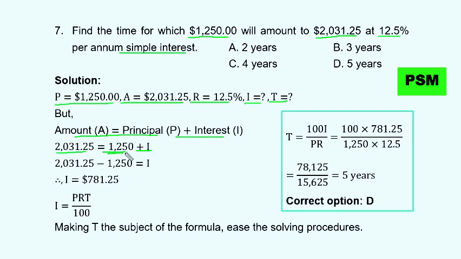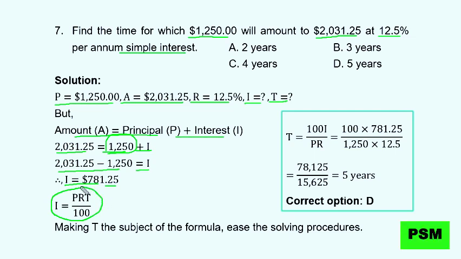You have to transfer the principal to the left hand side, you have this result equal to interest. Therefore, interest becomes $781.25.